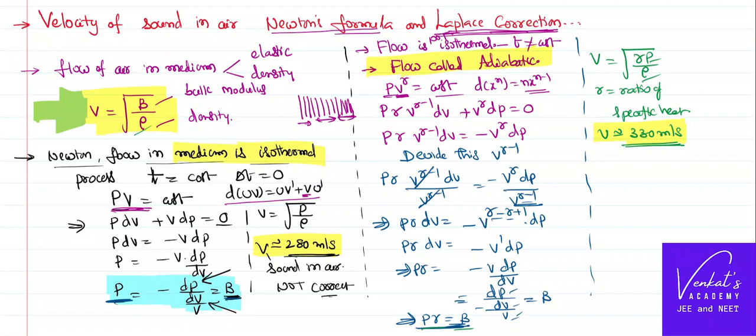That's why this law is called Newton-Laplace formula. As per Newton-Laplace formula, velocity of sound in air is root of gamma P by D, is the conclusion that we are making here in this video.